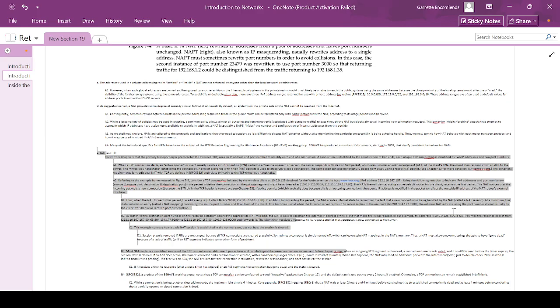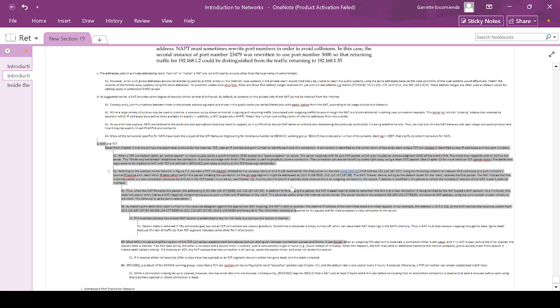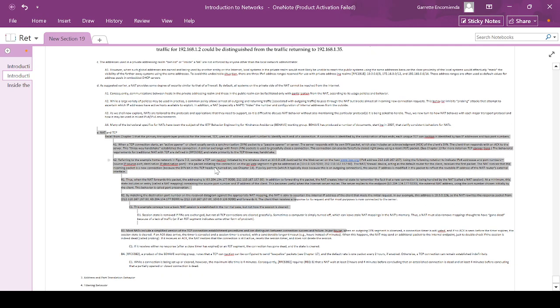The behavioral requirements for traditional NAT with TCP are defined in RFC 5382 and relate primarily to the TCP three-way handshake. Referring to the example home network in Figure 7.3, consider a TCP connection initiated by the wireless client at 10.0.0.126 destined for the web server on the host www.isoc.org, which has the IPv4 address 212.110.167.157.